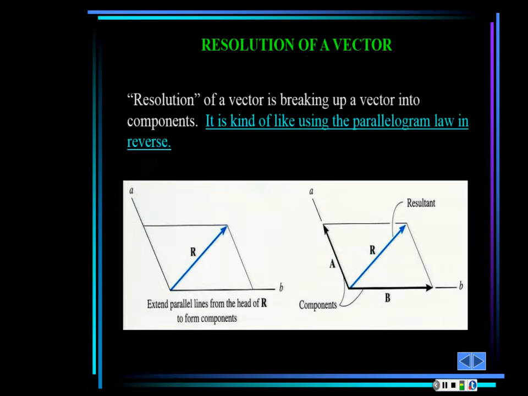Now, if the axes are not perpendicular like this one, and this angle is alpha here, and you know R, and I ask you how much is B, and you say B is equal to R cosine of the angle, you are wrong.